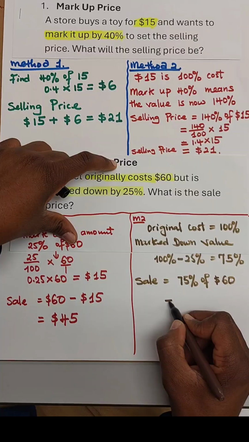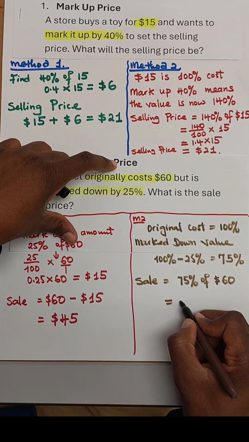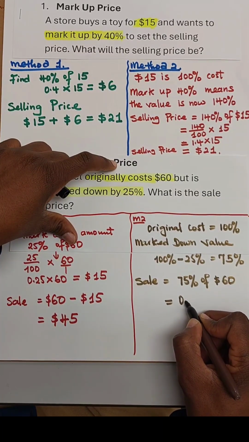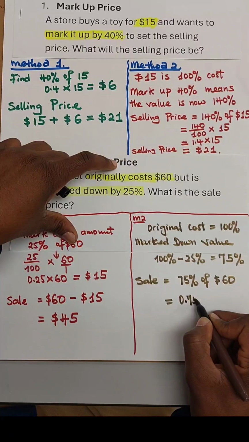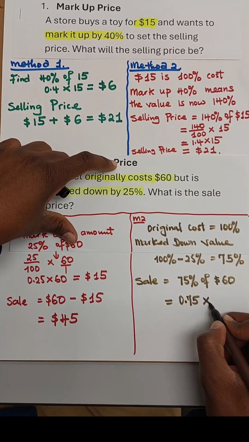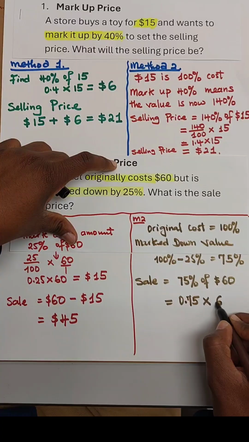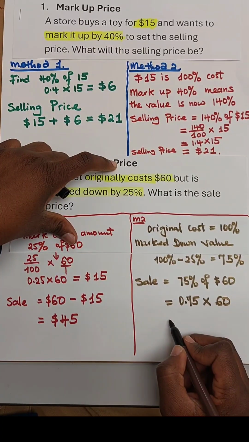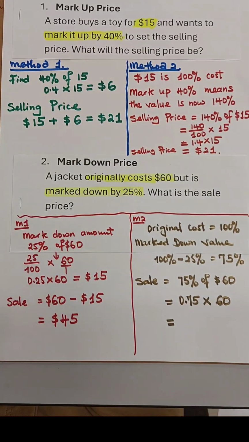Remember 75% is the same as 0.75, which comes from 75 over 100. The word of means multiply. You multiply that by 60. Putting this in the calculator, you want to pay attention because sometimes you might mess up.